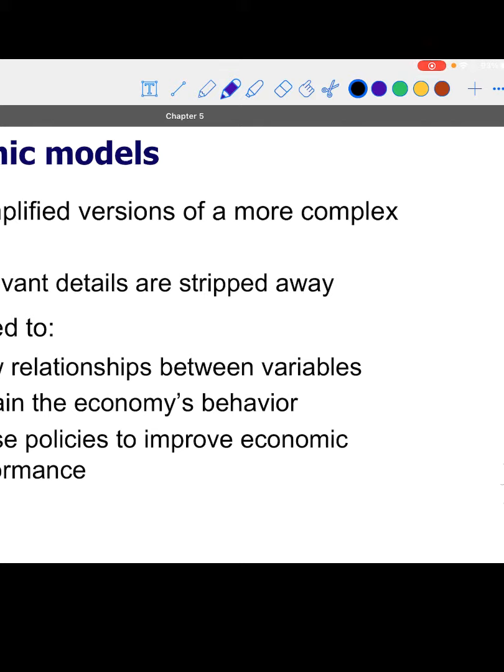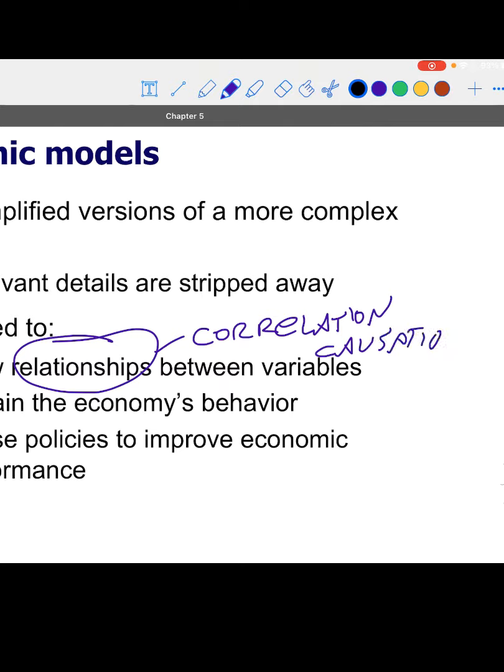How macroeconomists do this is with models. So economics as a discipline as a whole tries to be a science. And so in this portrayal of itself as a science, there needs to be models. And what is a model? A model is a simplified version of reality, which of course is incredibly complex. And the focus then becomes on relationships, meaning correlation and causation.